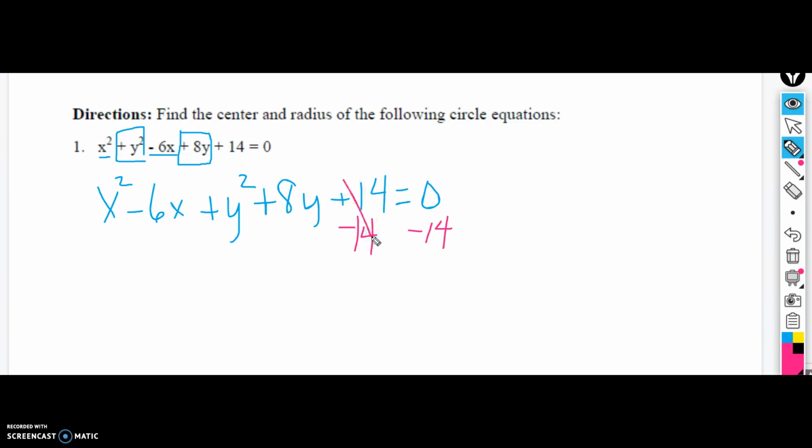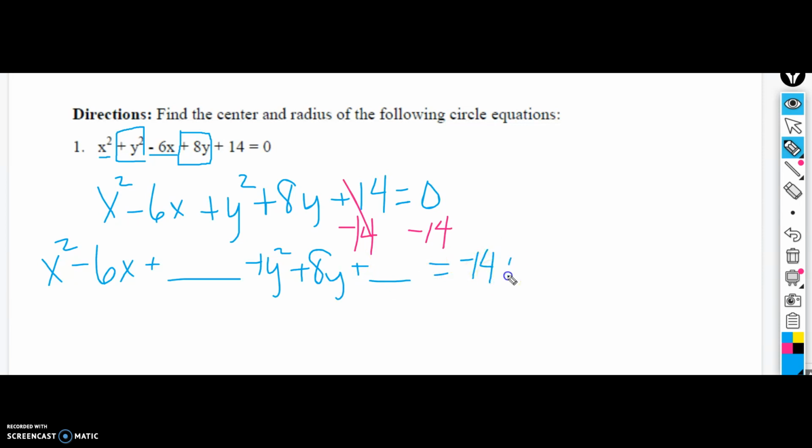Now, when I do that, I'm also going to leave in some blanks when I rewrite. So I'm going to get x squared minus 6x plus blank plus y squared plus 8y plus blank equals negative 14 plus blank plus blank.